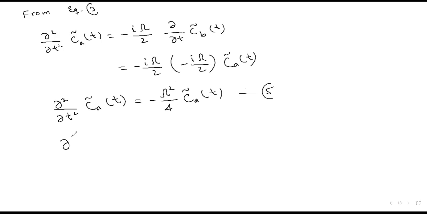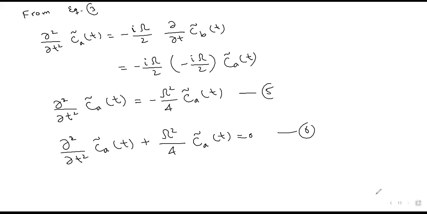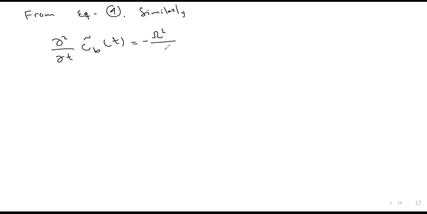We can write this in a more familiar form: partial square by partial t square Ca(t) plus omega square by 4 Ca(t) is equal to 0. And similarly, using equation number 4, we can write partial square by partial t square Cb(t) equals minus omega square by 4 Cb(t).